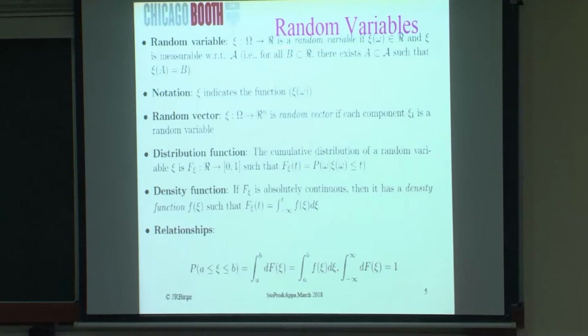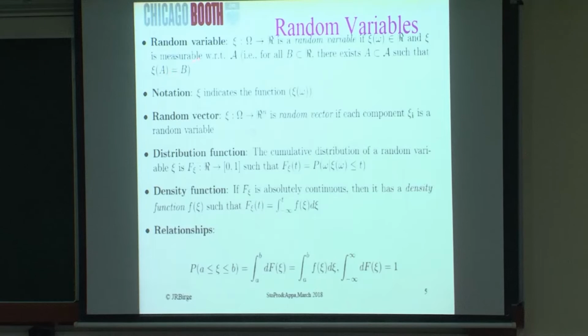So formally what that means is that for any subset of, let's say, the real numbers, there's an event, again, a set of outcomes, such that if I look at the mapping of all the things that are in that subset, I cover that subset of the real numbers.